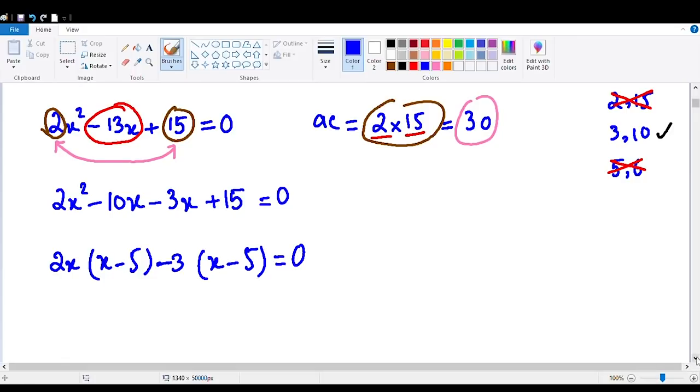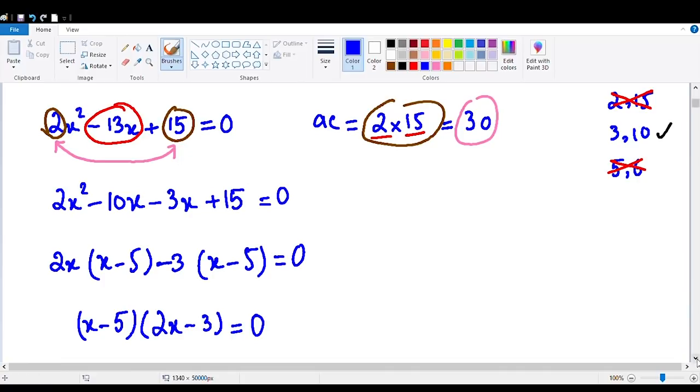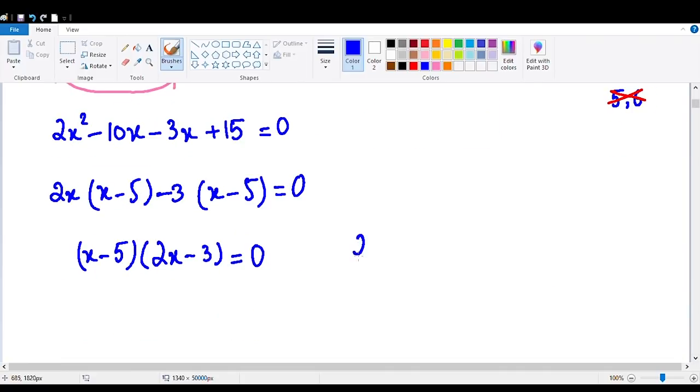And now let's move down a little. So x minus 5 is common, so we'll write x minus 5 once, and we'll get 2x minus 3, and it equals 0. And now, wait a minute, let me just write the equation again. So it's 2x squared minus 13x plus 15 equals 0.